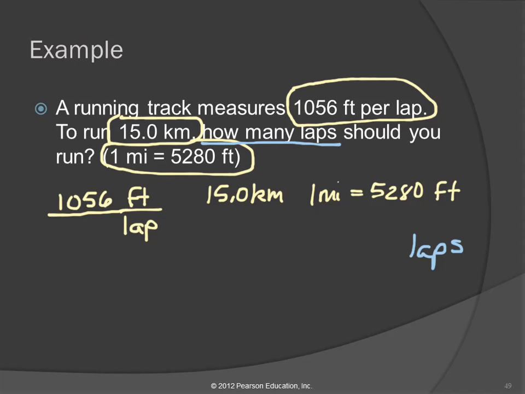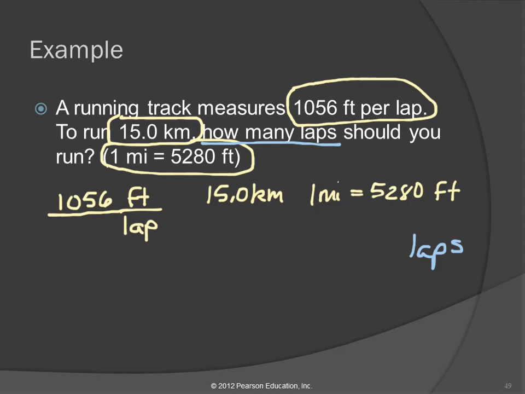And you're like, where do I start? Well, let's look at these units. This one is feet per lap. This one is kilometers, just all by itself. And this one is miles equals feet. This is a relationship between 2 units. This is also a relationship between 2 units.